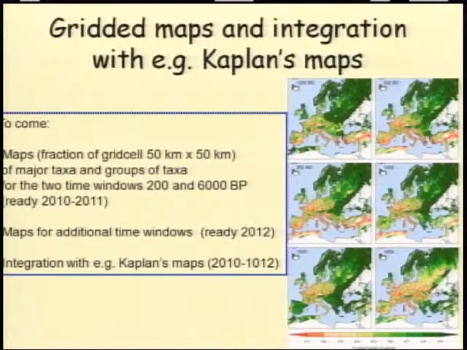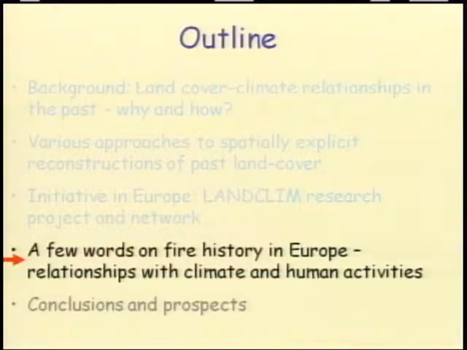So maps in fraction of grid cell, 50 by 50 kilometer, of major taxa groups for the 2 time windows, 200 and 6,000 BP. We also want to map additional time windows, of course, in the near future and integrate with other methods.